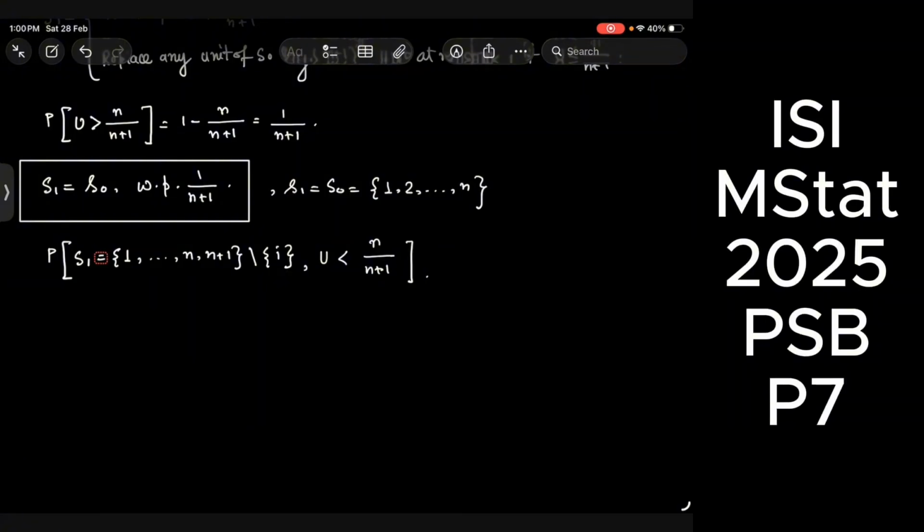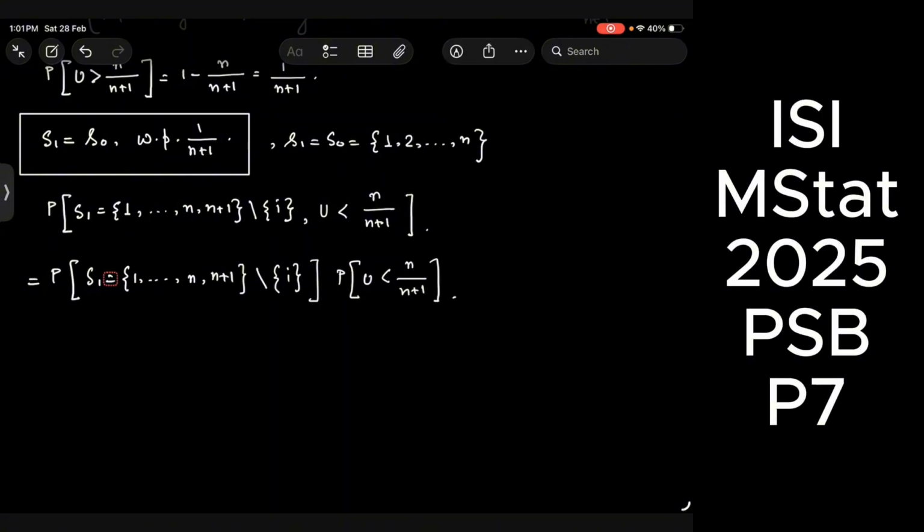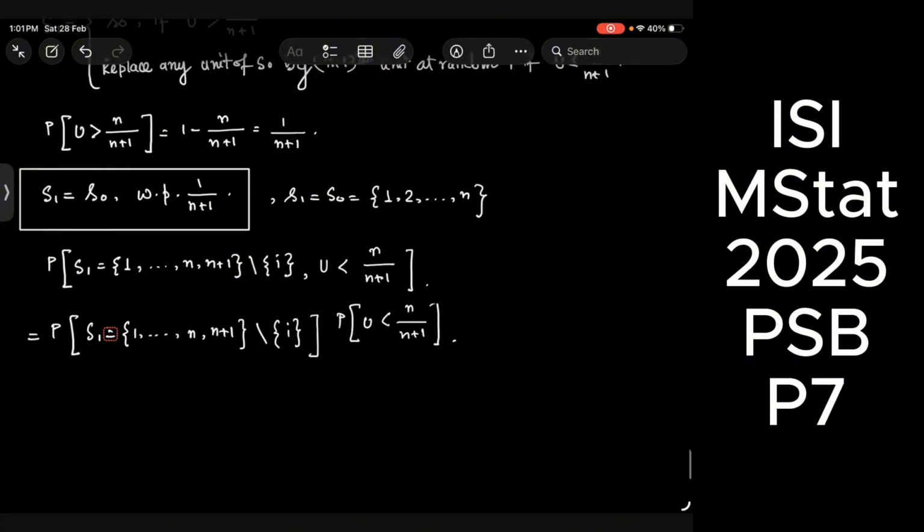And these two events will be independent. Do you agree with that?